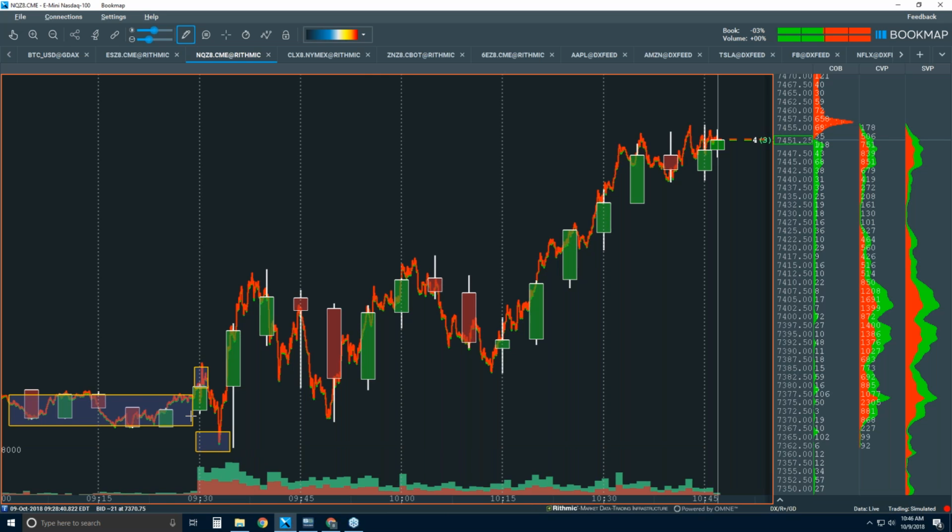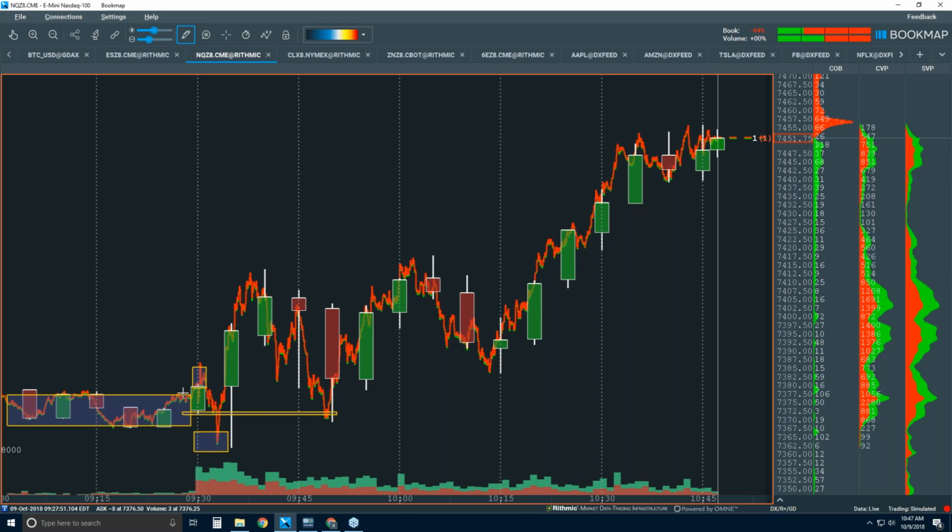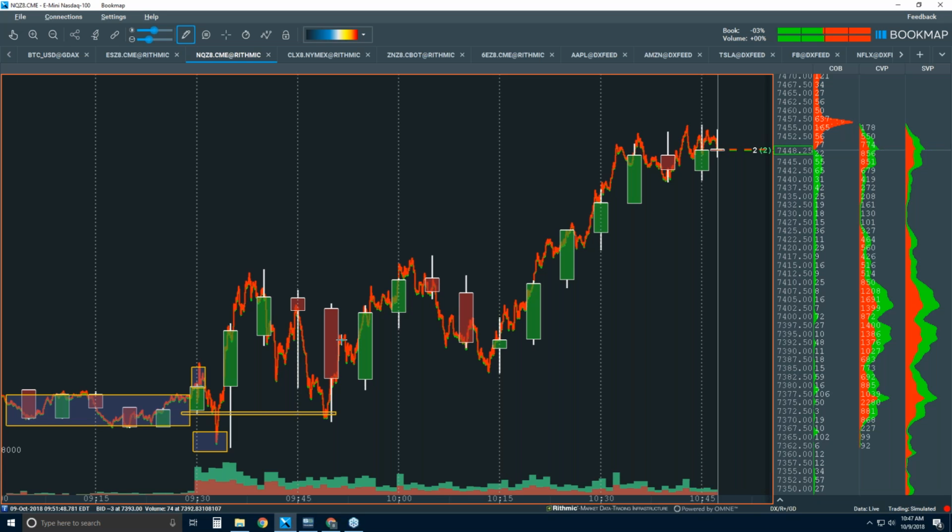We get a test all the way back to this area here, which is going to be the point of control of this little area before the market cash open, and it accepted higher. Very typically we see the pullback is to the top of the range of this area here, and it went a little bit deeper here, and then started to come up and make higher highs.